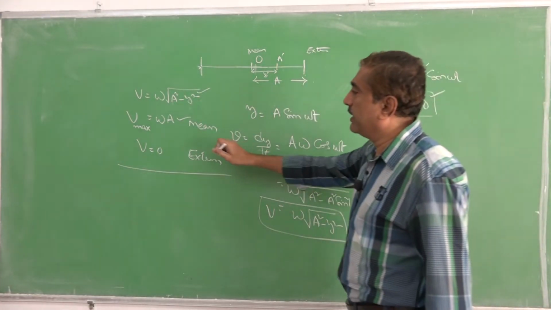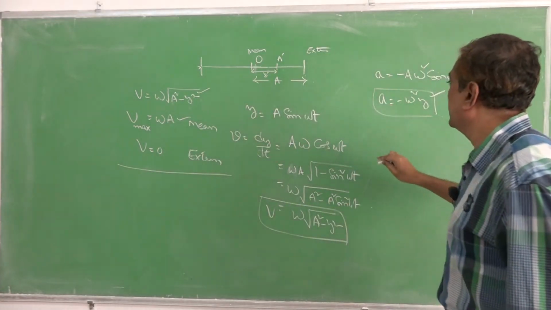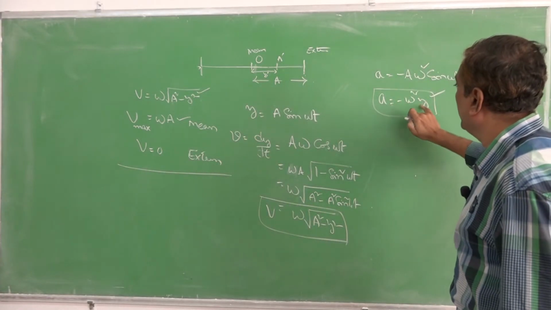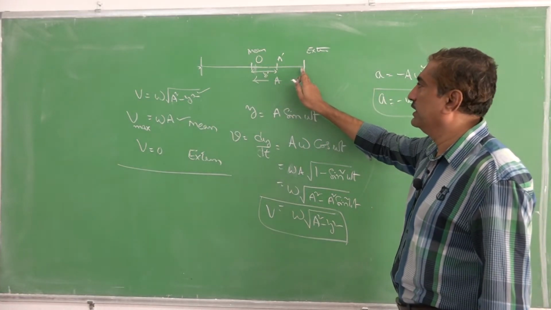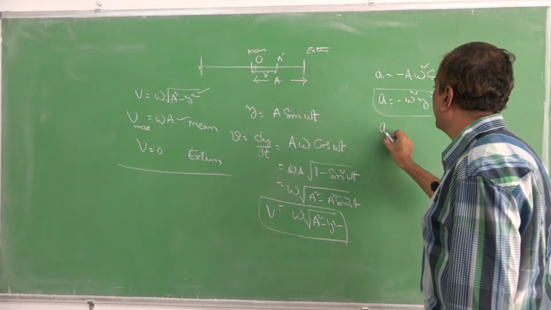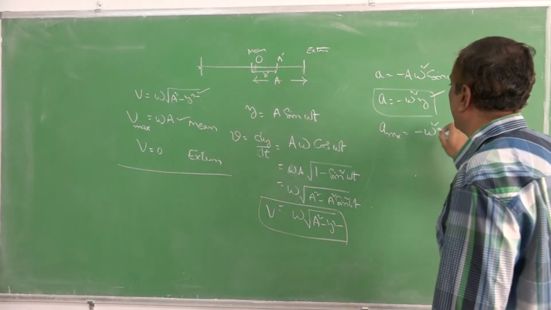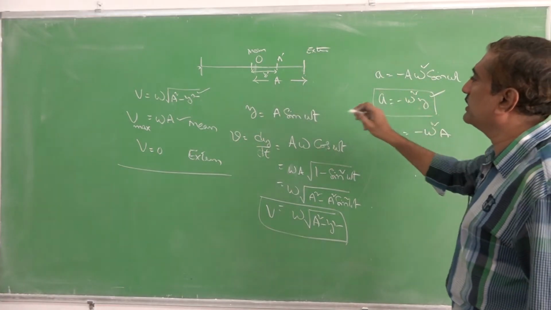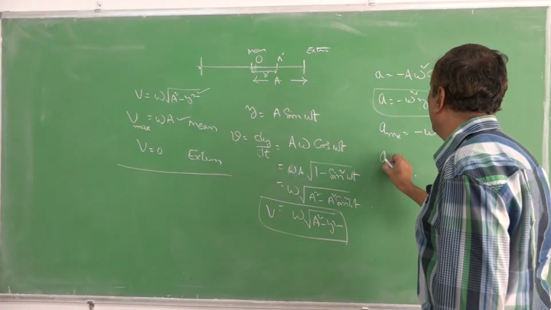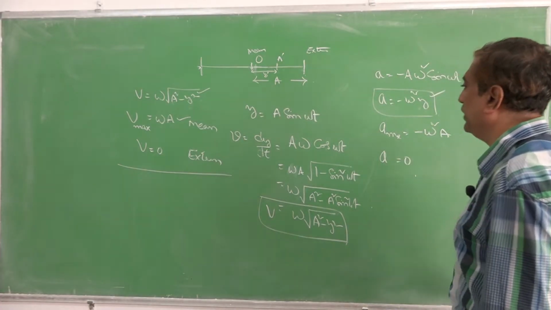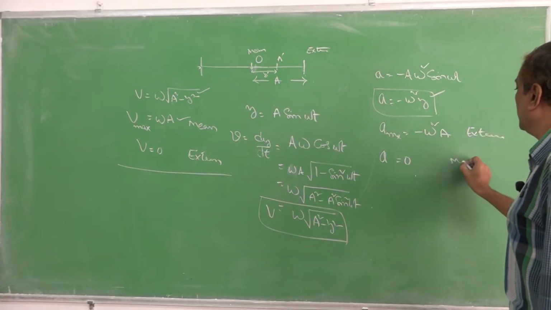So, velocity maximum is omega A, velocity minimum is 0, and acceleration will be maximum when y is maximum. Y is maximum means it is at the extreme position, that is at the amplitude. So, a max is equal to minus omega square A, this is the maximum acceleration, and the minimum acceleration is when y equals 0, at the mean position. So, a is equal to 0 at the mean position. This is at the extreme positions, this is at the mean position.